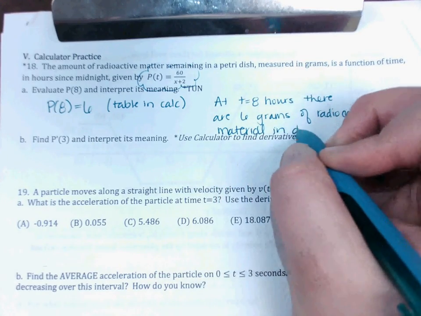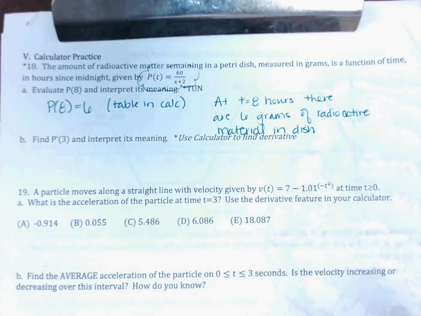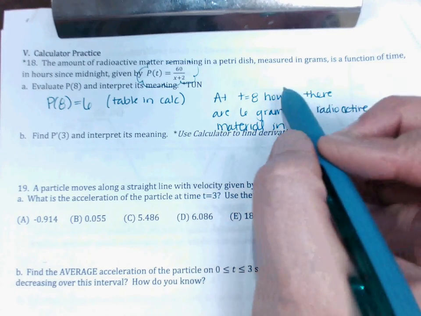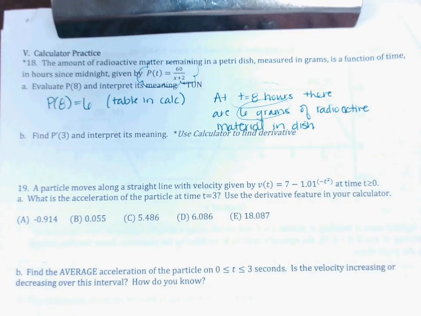You could shorten that and say at 8 hours there's 6 grams of material if you want. But that's what TUN stands for: my time is 8 hours, my unit is 6 grams, my noun is radioactive material in the dish.